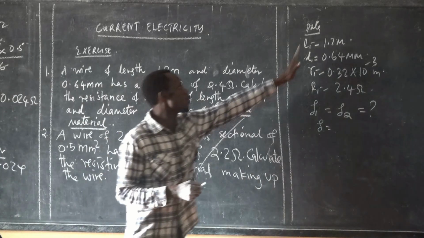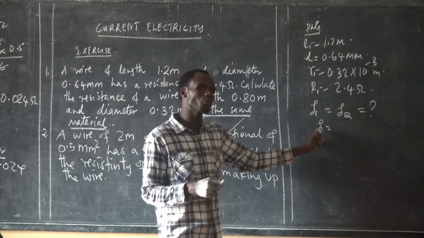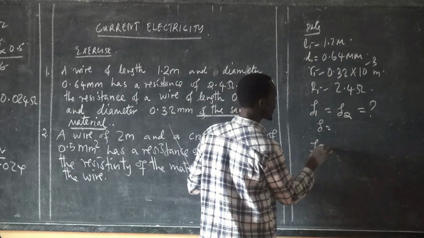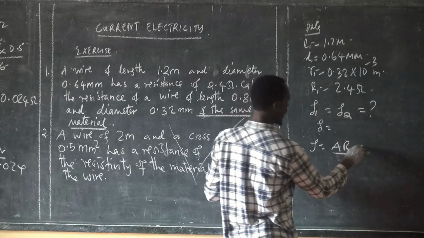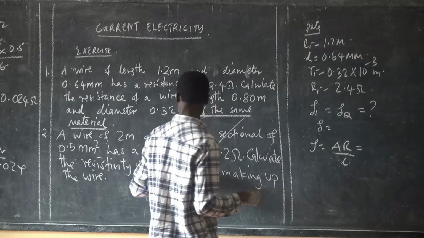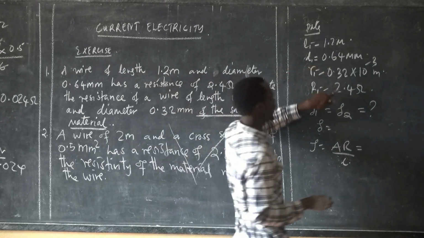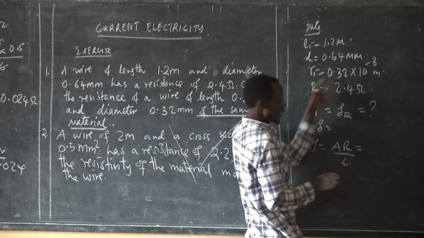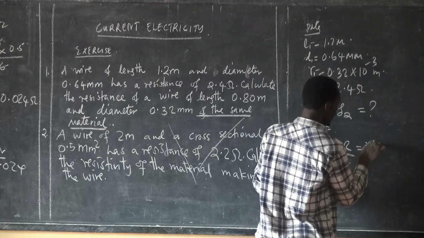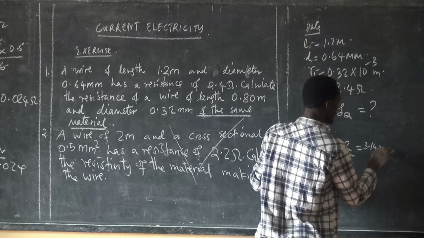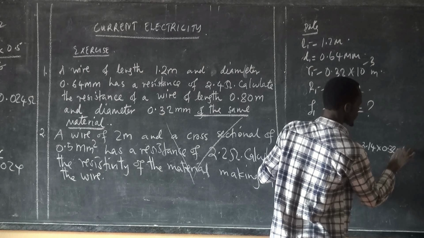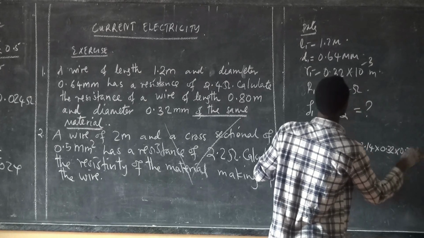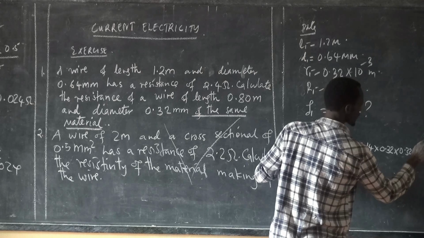Now, you use the first wire to calculate the resistivity. Resistivity is equal to AR over length. Now, area of this wire, if radius is this one, is 3.14 times radius squared, which is equal to 0.32 times 0.32 times 10 power negative 6.